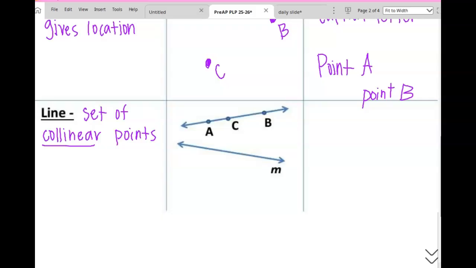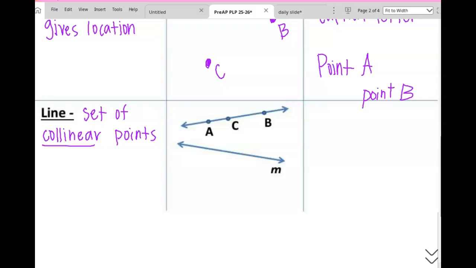What does co mean? Both. And linear? So if line is a set of collinear points, what does collinear mean? Points that are on a line. The same line. Good job.